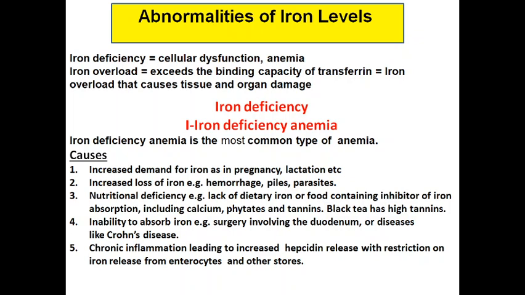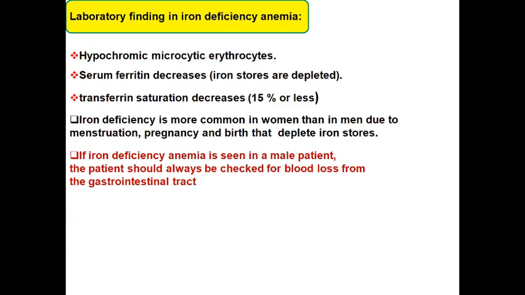Iron deficiency anemia is the most common type of anemia. The laboratory findings in iron deficiency anemia are hypochromic microcytic anemia, serum ferritin levels in plasma are decreased, and transferrin saturation decreases.